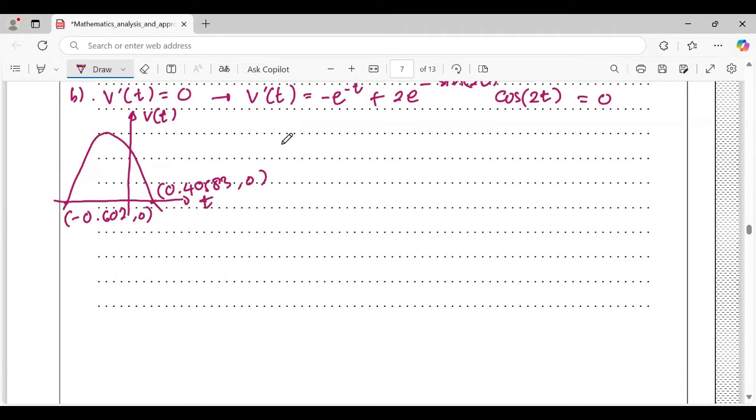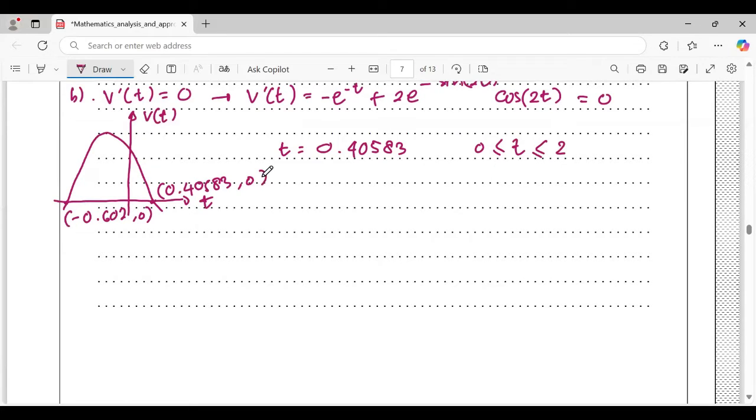So t equals 0.4058. Why? Because t is in the interval 0 to 2.